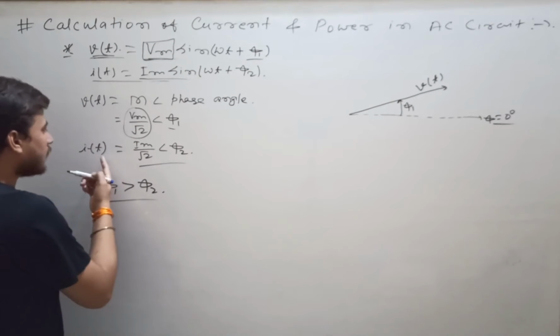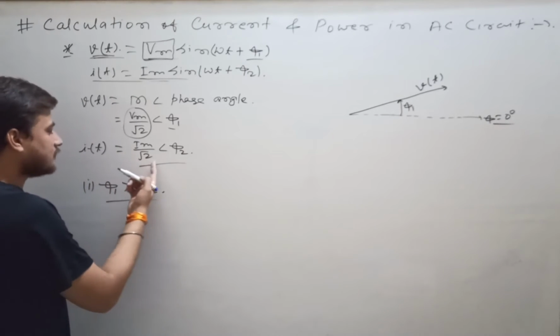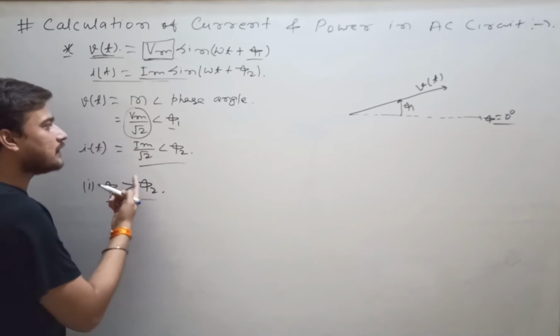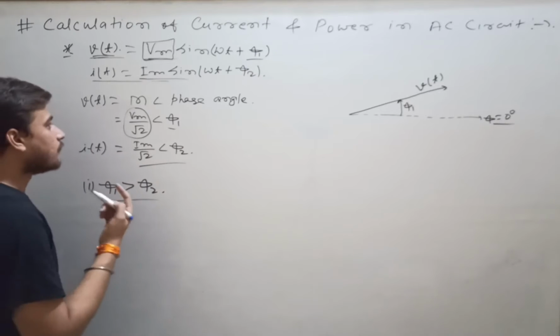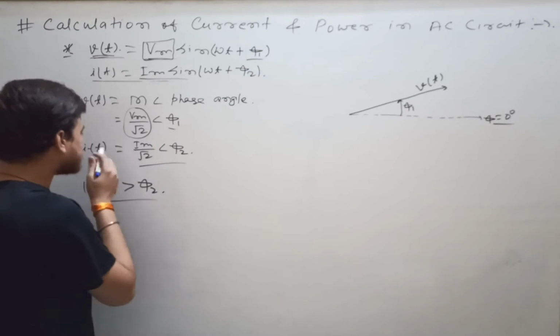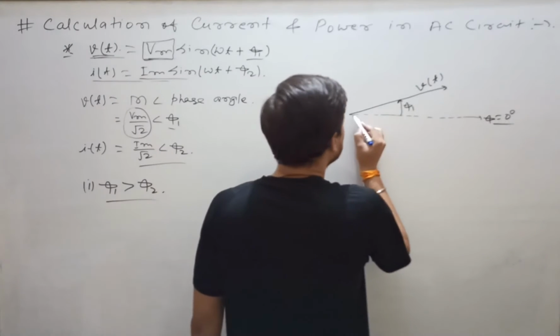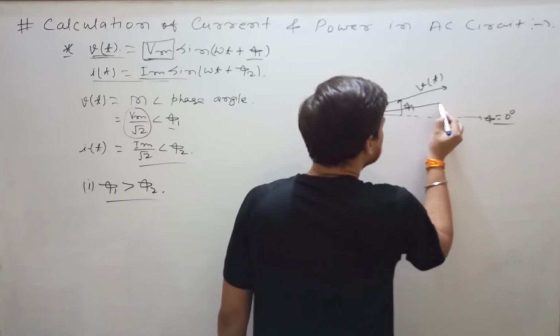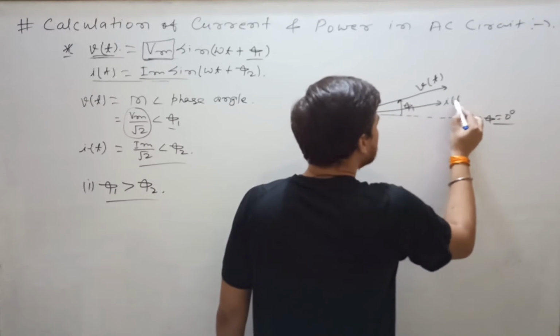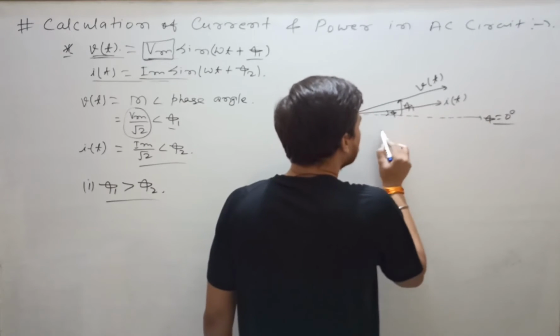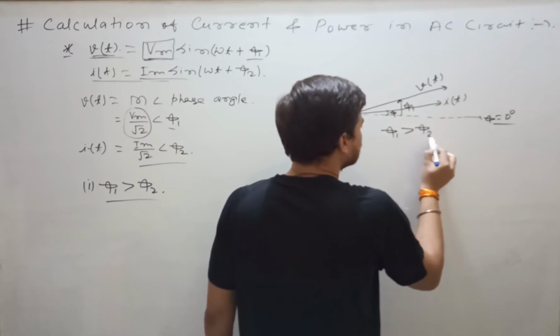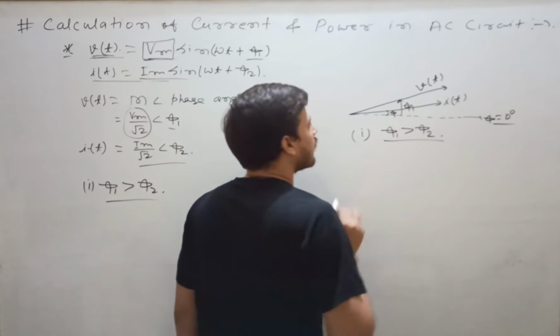Next, we have to draw the phasor for the current, and it is given that phi 1 is greater than phi 2. That means it will also have some phase angle, but for it the phase angle is phi 2, and phi 1 is greater than phi 2.